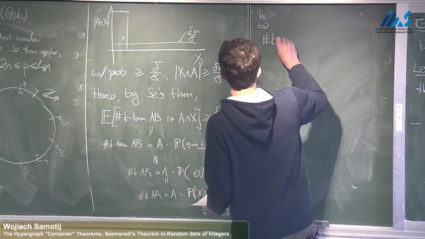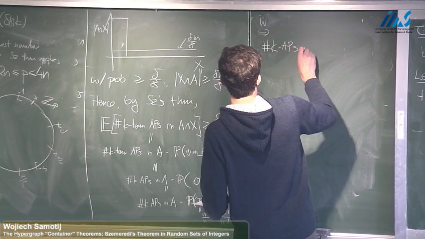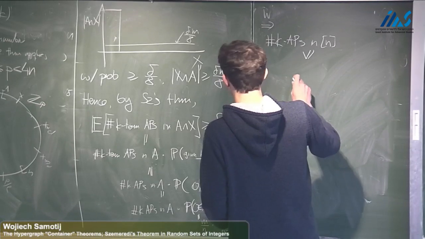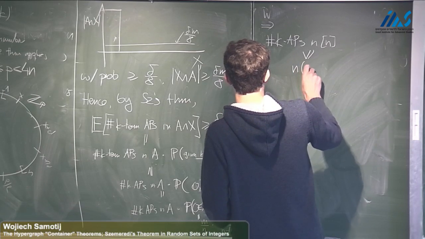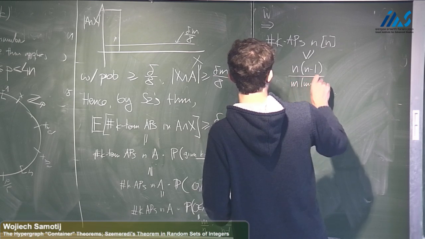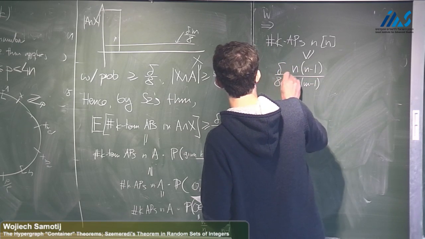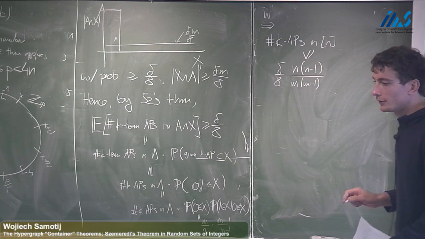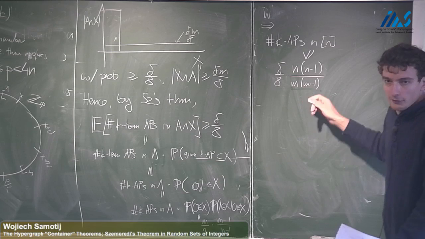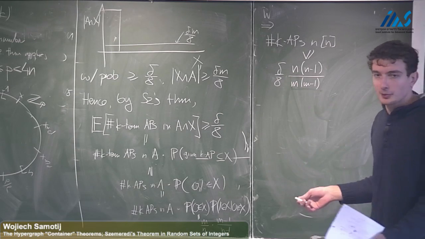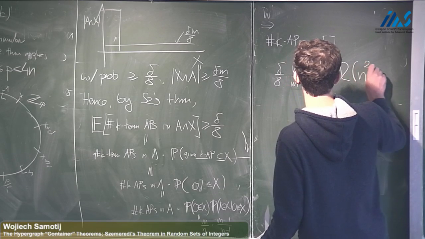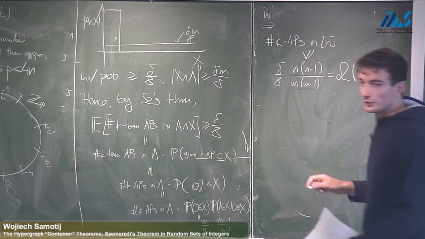So the number of k-term APs in A is at least n times (n minus 1) divided by m times (m minus 1), times delta over 8. And for all purposes, this was a constant. It is now a tiny constant, but nevertheless a constant. So this is Omega of n squared.